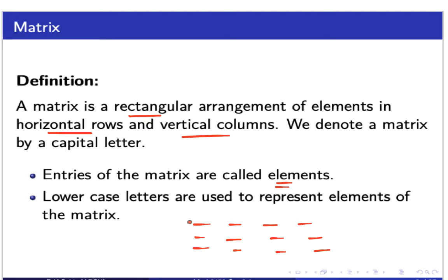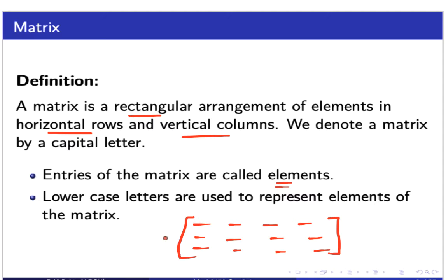When you write a matrix, by convention, we just put some brackets and say, these are 3 rows and it has 4 columns.